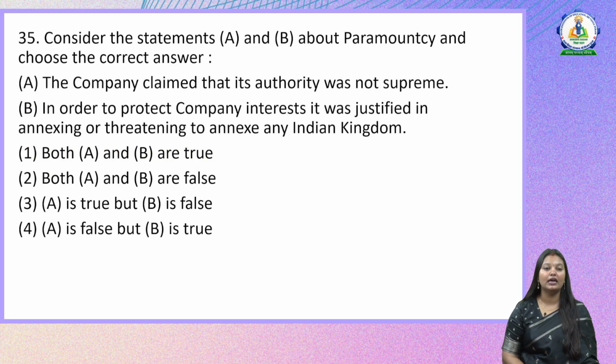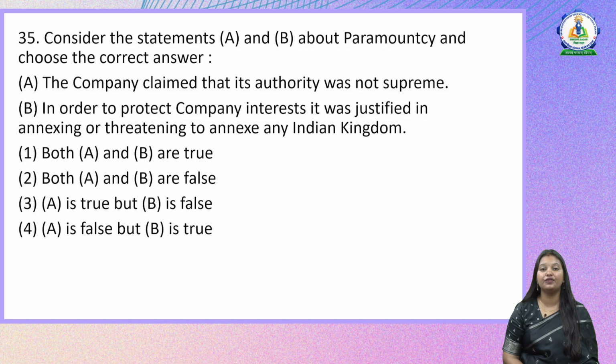Next question. Consider the statements A and B about paramountcy and choose the correct answer. Here the concept that we are discussing is paramountcy. The company claimed that its authority was supreme, and that in order to protect company interest, it was justified in annexing or threatening to annex any Indian kingdom.